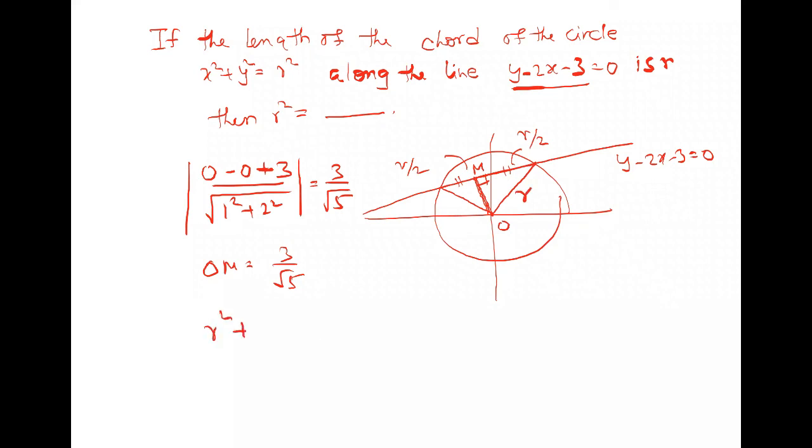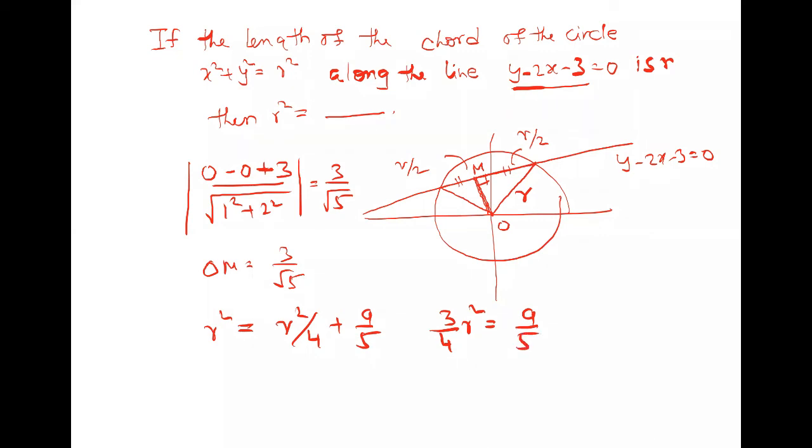R square is equal to r square by 4 plus 9 by 5. OM equal to 3 by root 5, correct. So we get 3 by 4 r square is equal to 9 by 5.